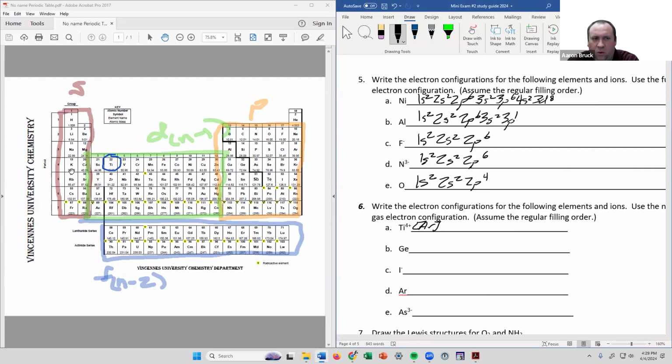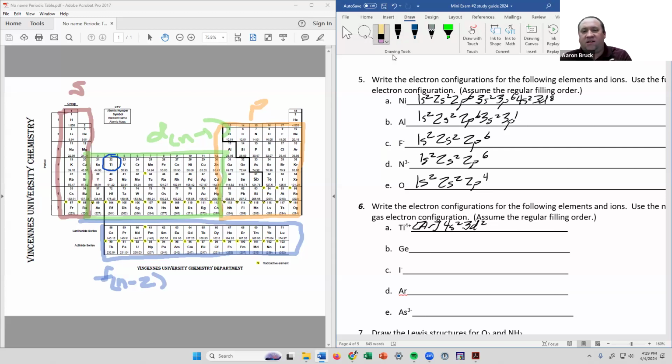Its normal configuration would be argon 4s2, 3d2. But this is titanium 4 plus ion, so it needs to be 4 electrons fewer. We need to go backwards, 1, 2, 3, 4. We need to take 4 electrons away.